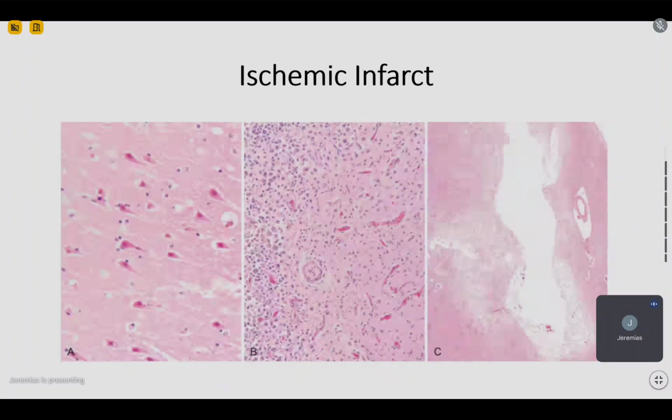Kaya ang brain, dili na siya type of tissue nga mo capable of regeneration. Unlike sa liver maka-regenerate. Pero ang brain, if ma-damage, if significant ang damage due to ischemic infarct, maka-affect sa motor or sa speech sa patient.